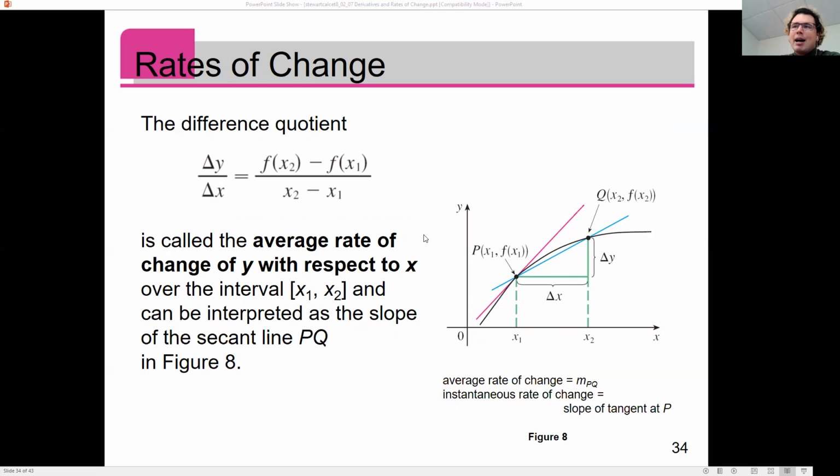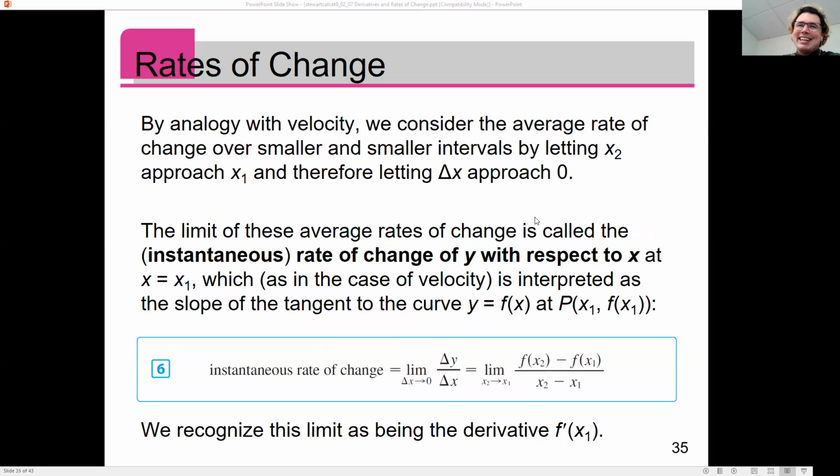So this would be my average rate of change. As I take the limit of delta x going to 0, right, this is playing the role of my h from the previous slide, my average rate of change gets more and more accurate to the here and now, what I would call instantaneous rate of change.